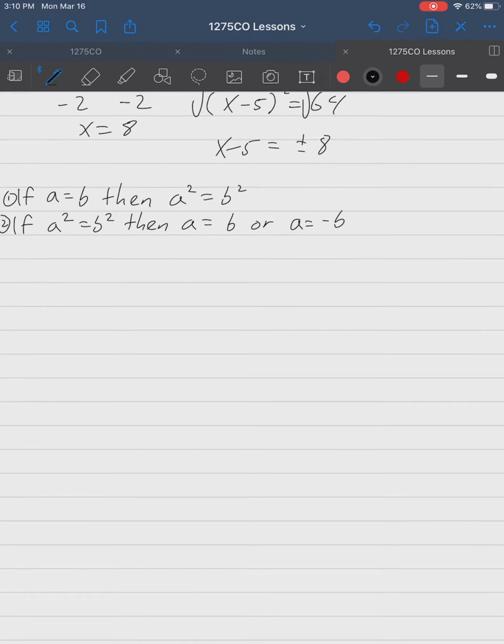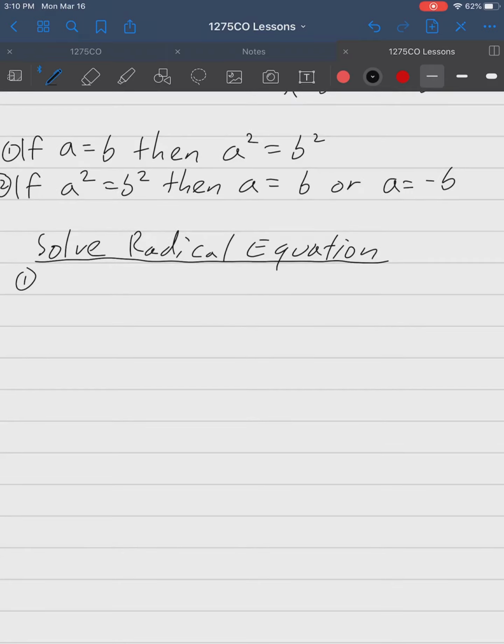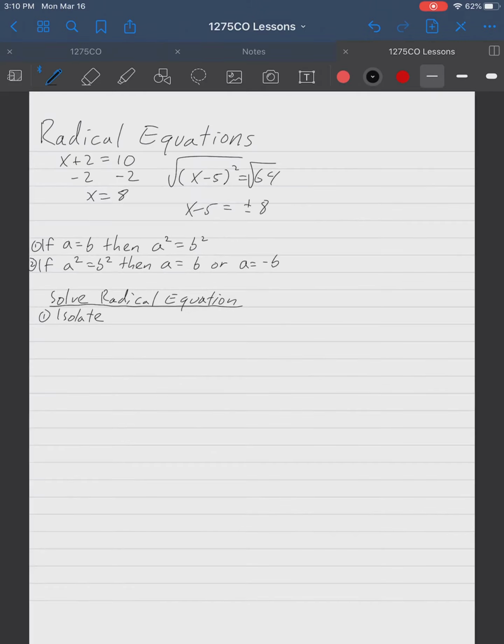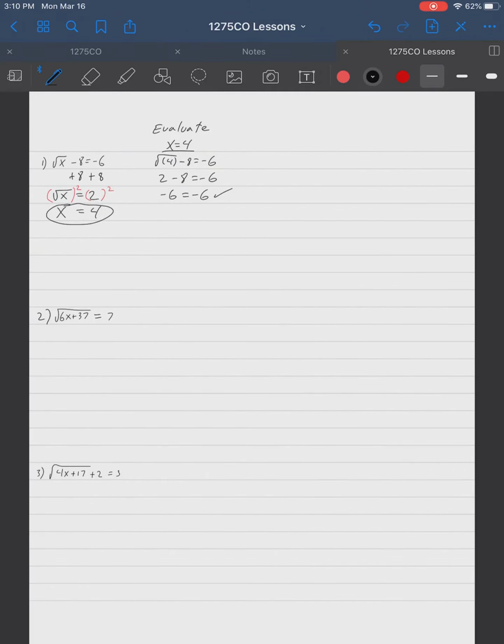So back to here. To solve a radical equation, the first step in solving a radical equation will be to isolate the radical. Notice that the first thing here we did not square both sides first.